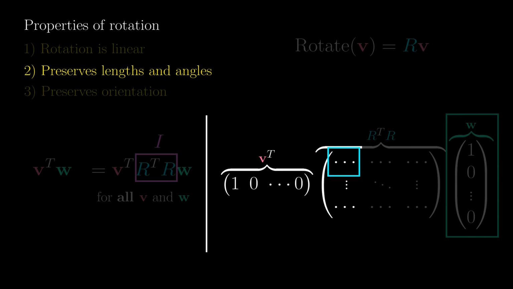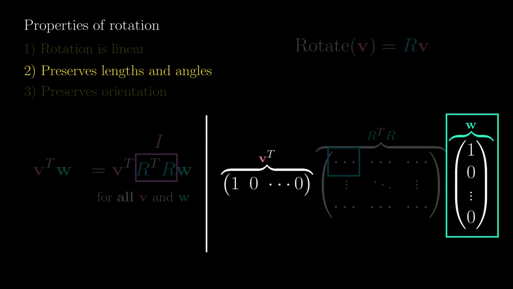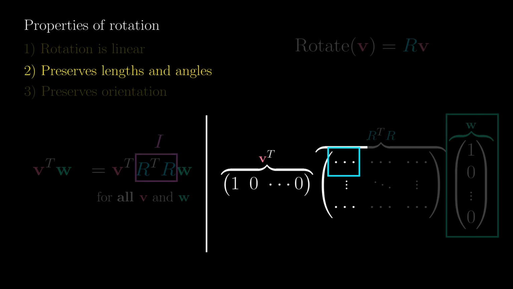What would this entry be? Well, it would be the dot product of v and w because the matrix in between doesn't change the dot product. In this case, the dot product of v and w is 1, so this first entry is 1.